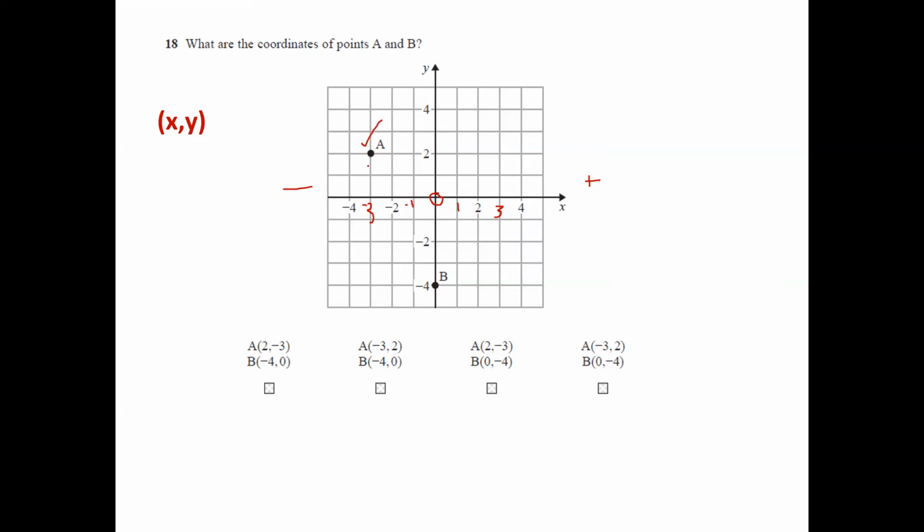The X value is -3, Y value is 2. So A is (-3, 2). And if you take B, the X value is 0 and Y value is -4. Right? So therefore the correct answer is the last one. So this is the correct answer.